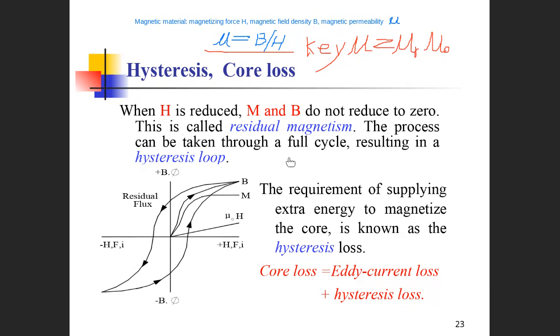So that's the key. In practice, the mu is obtained by doing experiments. In the experiments, we apply a current that is proportional to the H. Then we can measure the induced voltage across the material that is proportional to the flux density B. So H is more or less related to the current, and B is more or less related to the voltage.